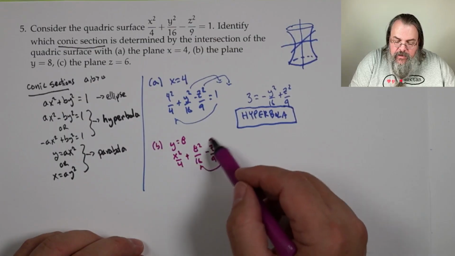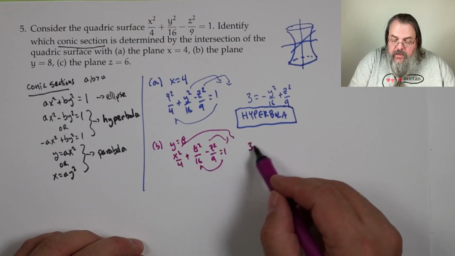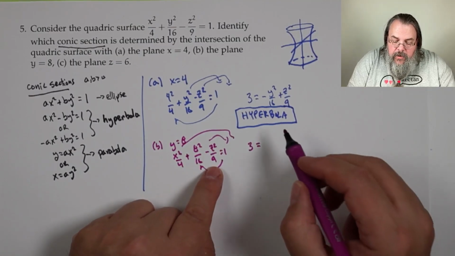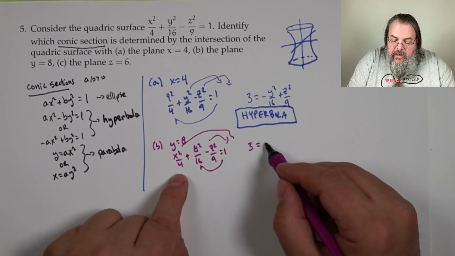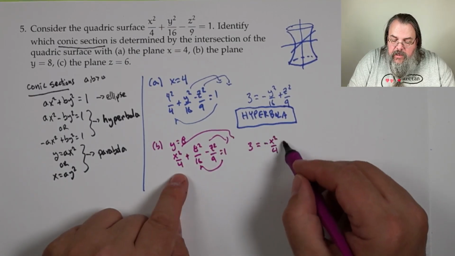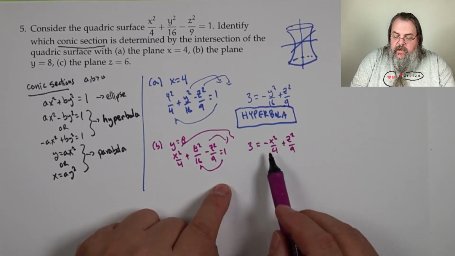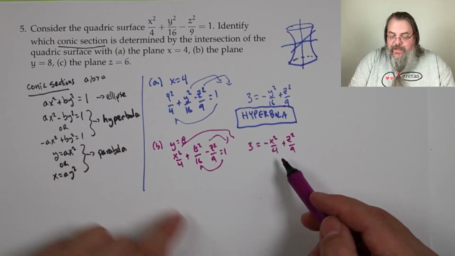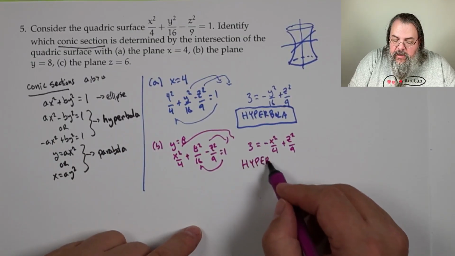We'll just move this around, move that around. And what will we get? 4 subtract 1 is 3. And here, what will we see? Well, when we move the terms across, we'll get a minus x squared over 4 and a plus z squared over 9. We say, okay, again, we get solutions. Minus plus, that's hyperbola. All right, so cool, hyperbola.